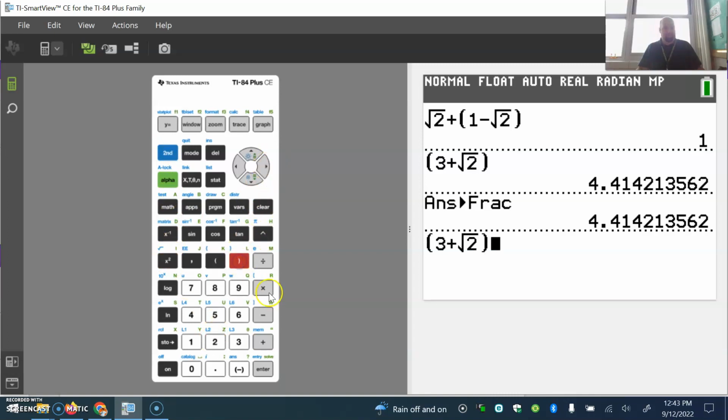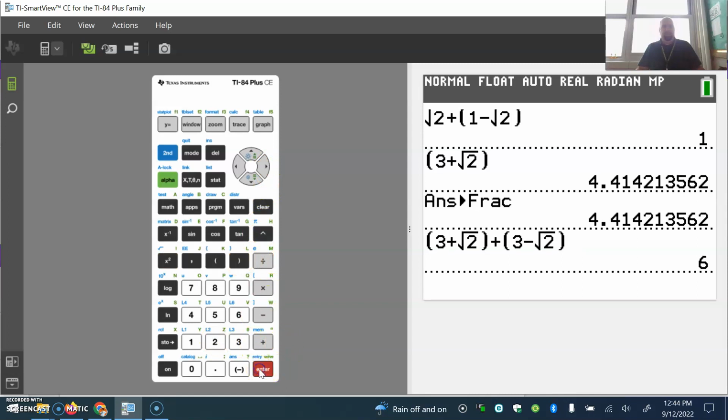Okay, now watch what I do. Now this time I'm going to add to it basically something that looks like the inverse. 3 minus square root of 2. And there is a little bit of an inverse here, or canceling out. Enter, 6. So I added two irrational numbers, 3 plus square root of 2 plus 3 minus the square root of 2.